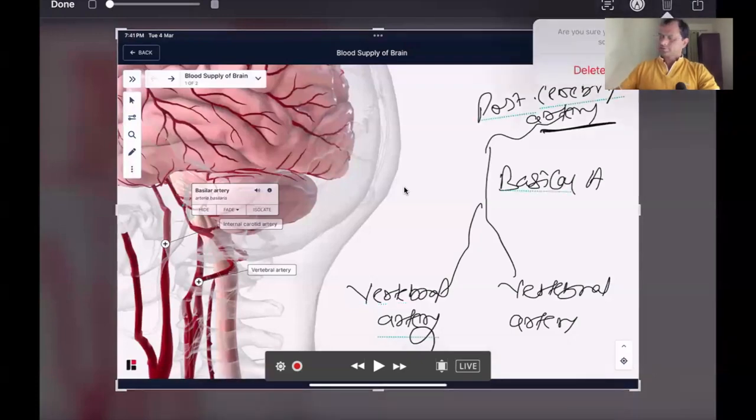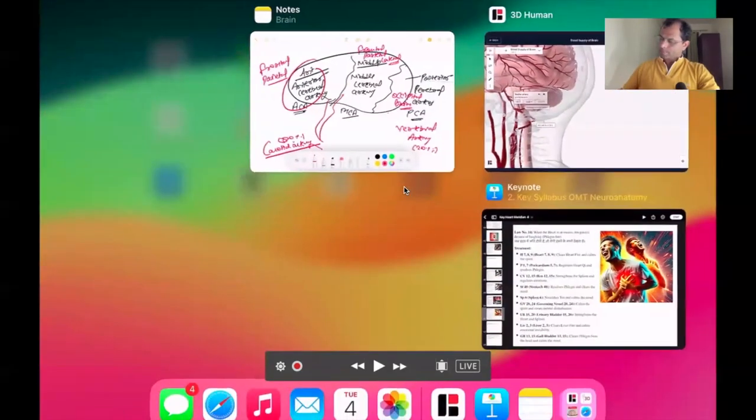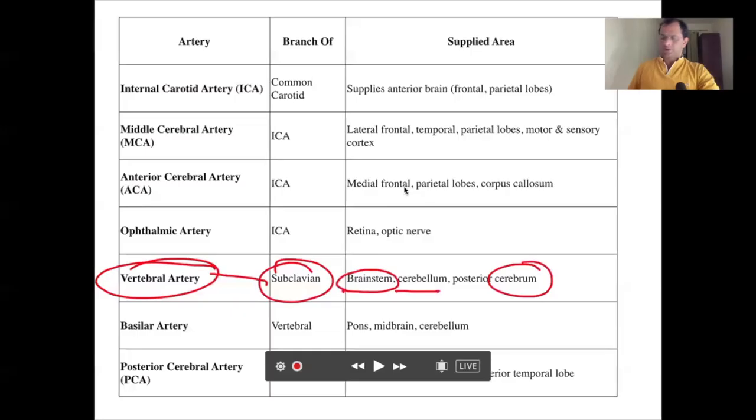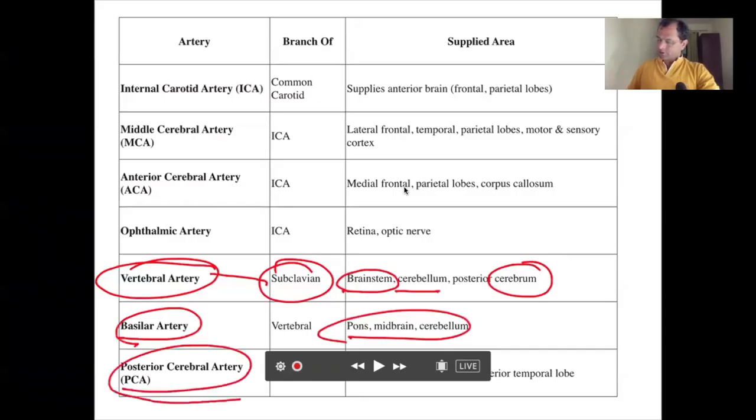Let's see this here. So from the subclavian artery, the vertebral artery coming right and left, they are supplying back part, brain stem, cerebellum, and posterior part of the cerebrum, back part. Then basilar artery, the back part of the brain, pons, midbrain, cerebellum. Then posterior cerebral artery, this back part.